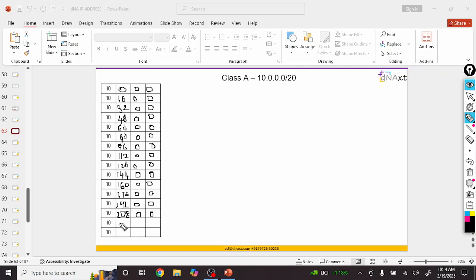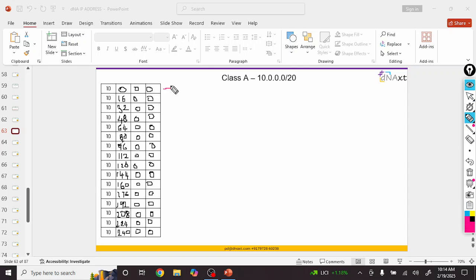Then again when you add 16 over here, you will get 10.224.0.0, and then 10.240.0.0. Again, when you add 16 over here, you will get 256, which is not a valid IP address. So these are the network IDs of each of your subnetworks.